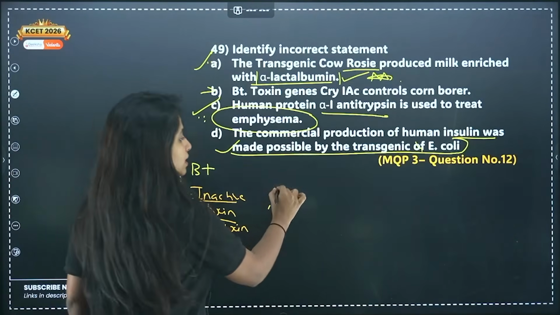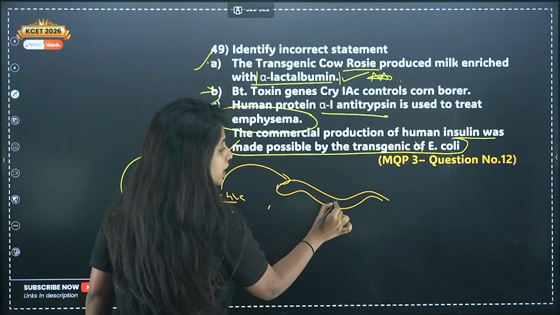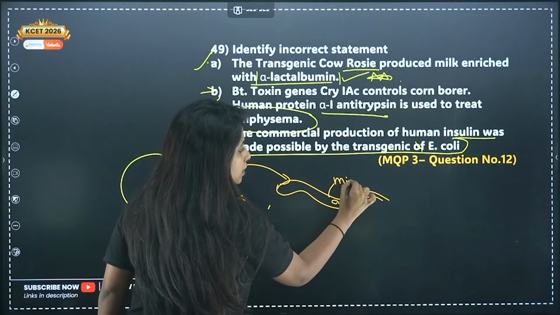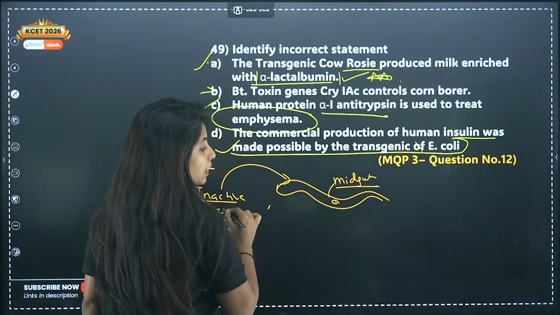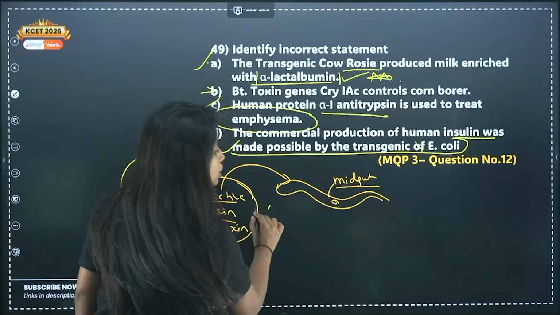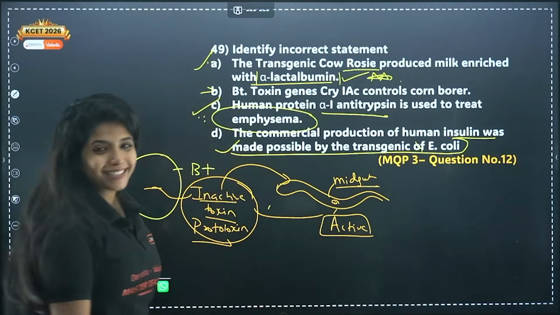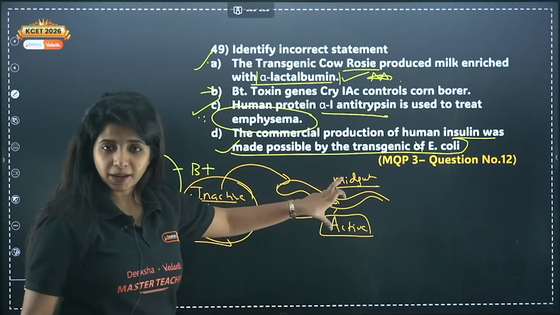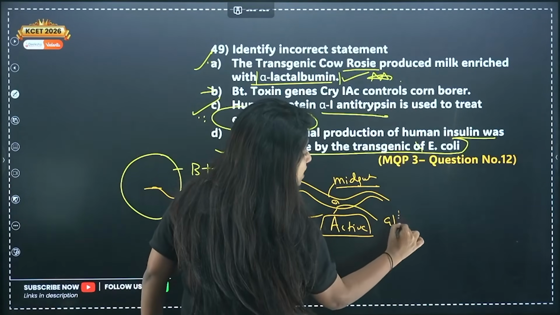Now suppose an insect takes up this particular bacteria. This bacteria will reach the gut, the midgut of the insect, and its inactive toxin is going to get activated. Now you might wonder, ma'am, how? Basically, in the midgut of the insect everything is alkaline, basic in nature.